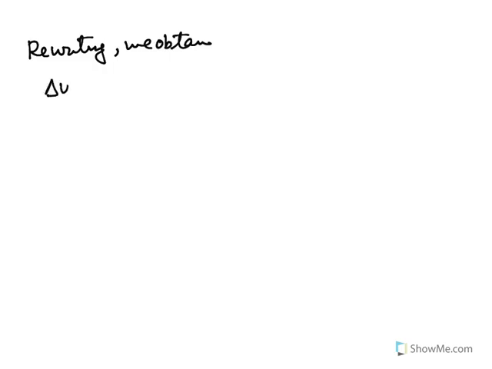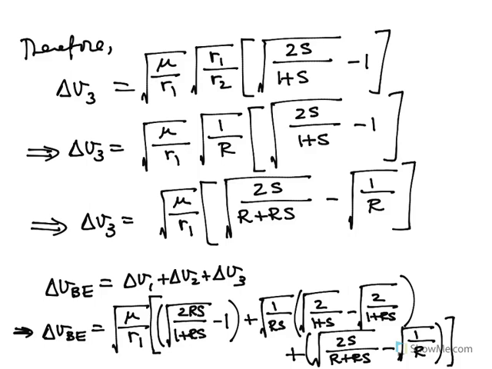We've got delta v bielliptic. Now, we should note the following, which is that we're going to divide by VC1. So we're going to notice something here. VC1 is actually equal to the square root of mu over R1.